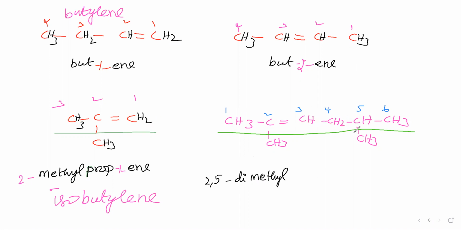Then which side do we have to number from? We have to start from the left only, because the C=C double bond is the functional group and that should get the least position. So we have to start from the left, not from the right. The parent chain contains 6 carbon atoms, therefore hex, the C=C double bond, therefore ene, and that C=C double bond is present between carbons 2 and 3, therefore the position is 2.